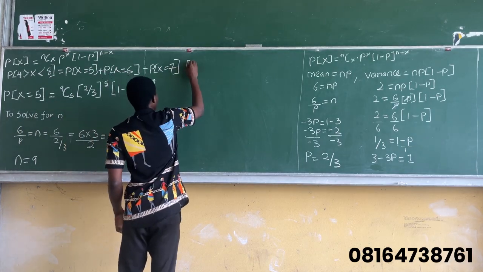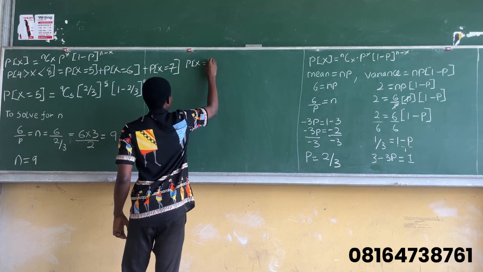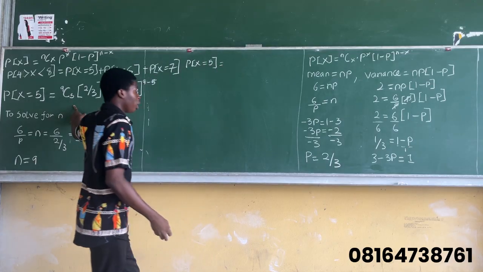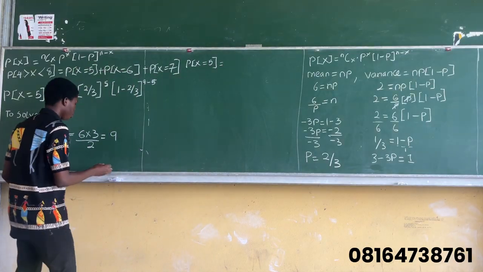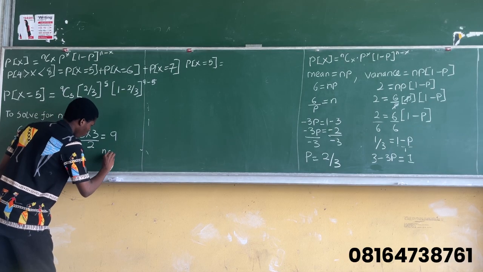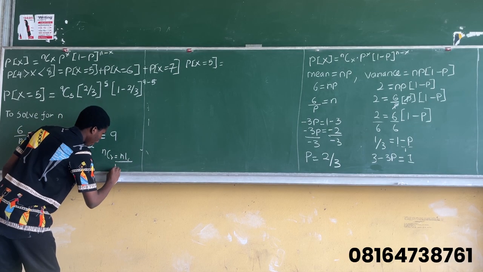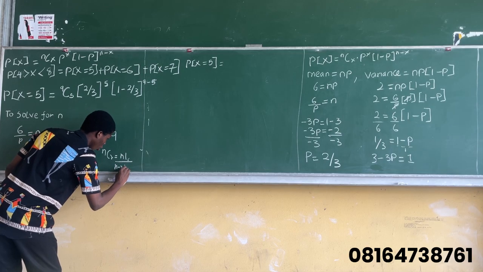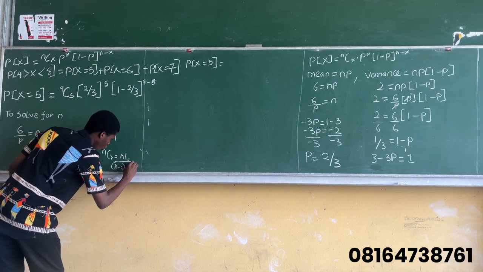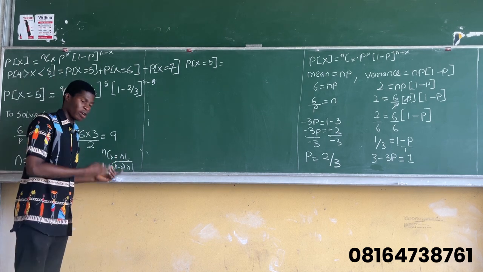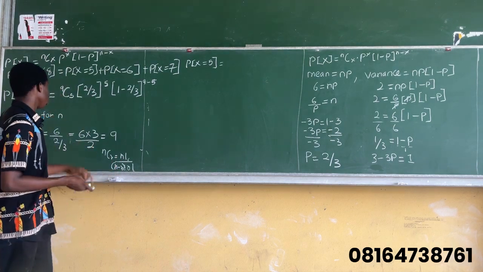P of x equal to 5 is equal to, using the combination formula, combination is simply nCr, which is equal to n factorial divided by (n minus r) factorial times r factorial. So n factorial and n minus r factorial is what we are going to be working with.